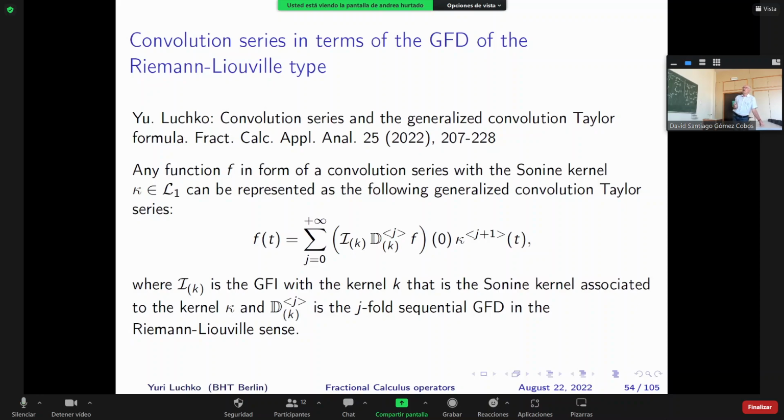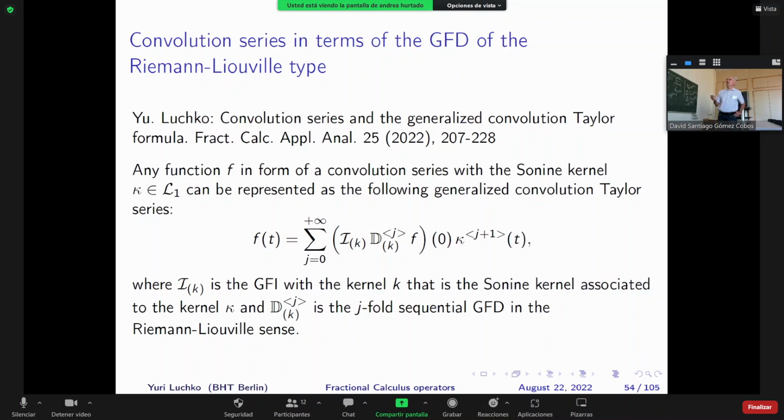So in this recent paper published in the journal Fractional Calculus and Applied Analysis, I dealt with all these questions, and in particular for any function f in the form of convolution series with a Sonine kernel from this class L1, this function can be represented as the following generalized convolution Taylor series.